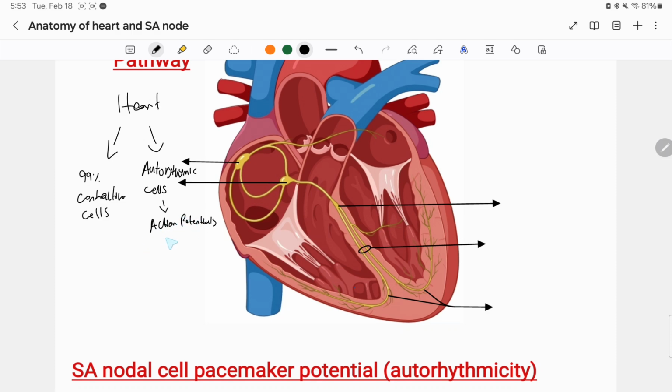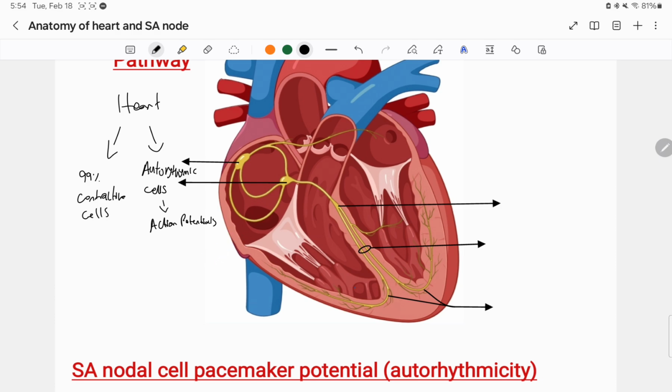These action potentials are just a wave of positive ions inside of the cell. And if you remember from the previous video, these positive ions can flow from one cell to another in the heart through channels called gap junctions. So when these autorhythmic cells generate an action potential, it'll start flowing everywhere.